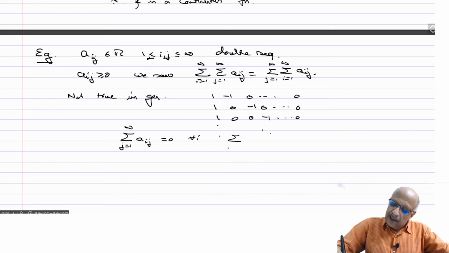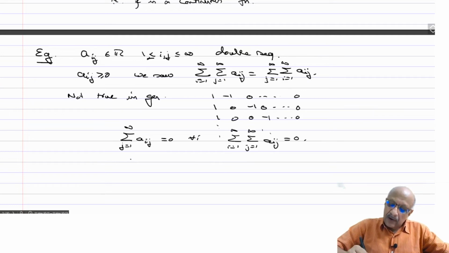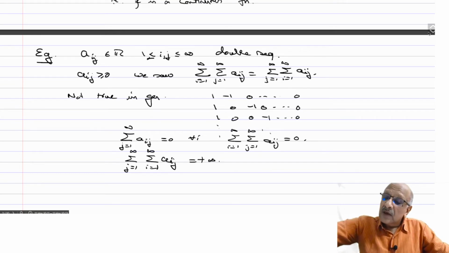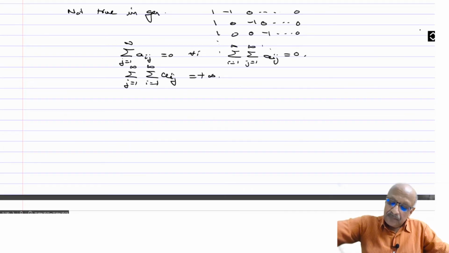So the sum over i of the sum over j of a_ij equals 0. But the sum over j of the sum over i of a_ij is always plus infinity, because the first column gave you infinity and then you are only subtracting one at a time, and therefore this does not agree in general.